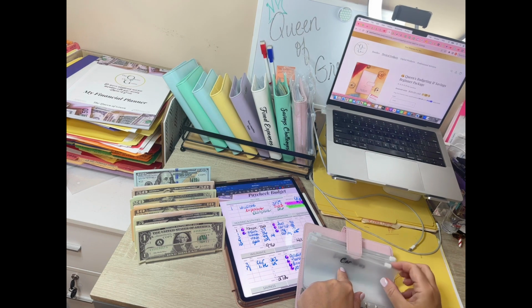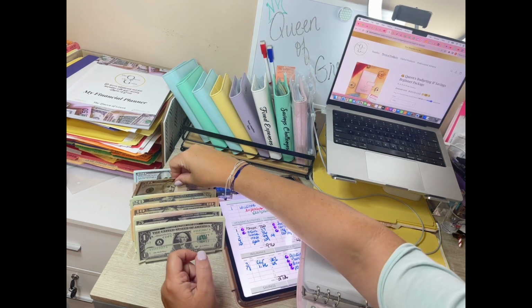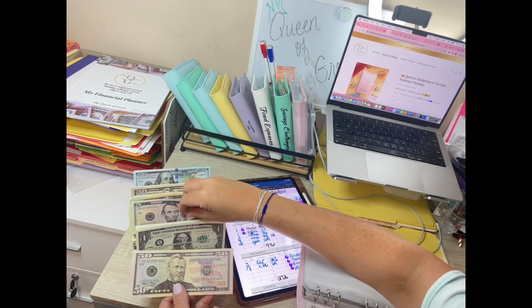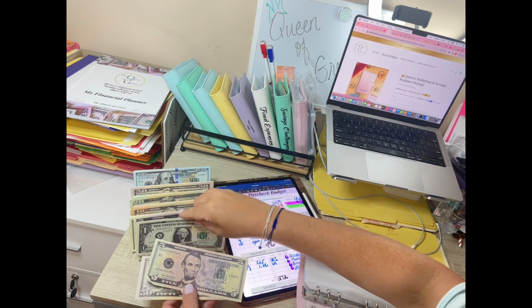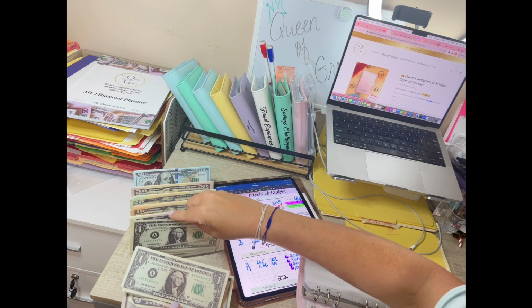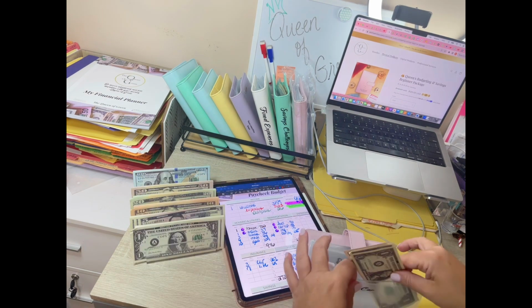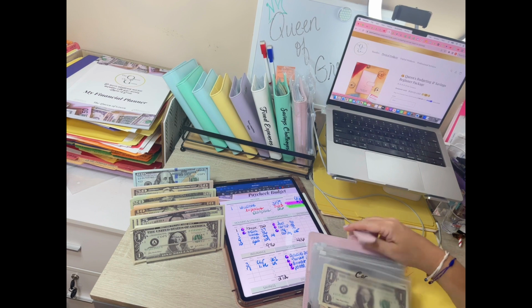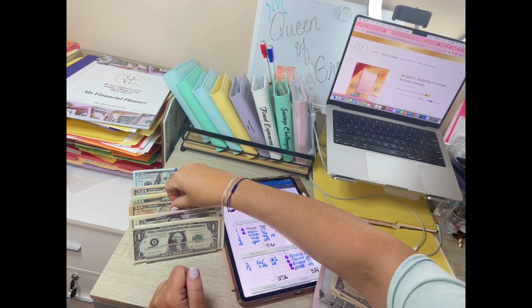Car repairs is 58. And then I'm also going to put the registration money in there as well.